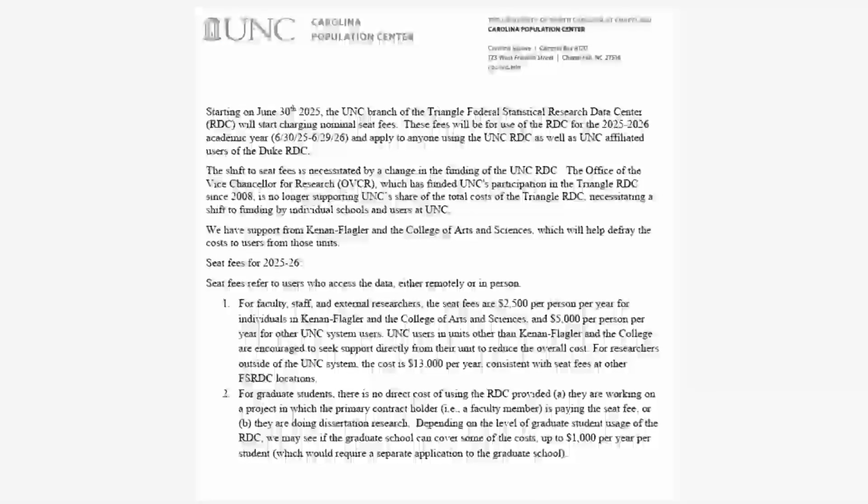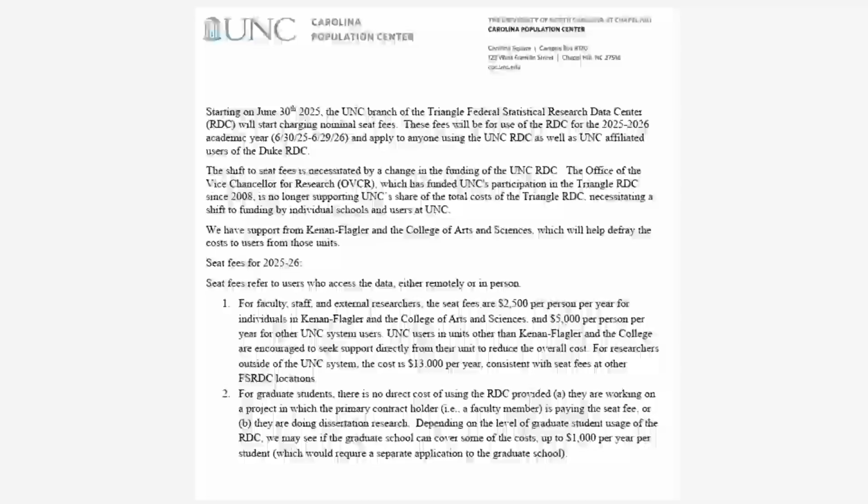You could have a 4-person project, and if one person was using the data center, that would be one seat fee. It's $2,500 per person for people in Kenan-Flagler or the College of Arts and Sciences, because both of those units kicked in money to support the center, and $5,000 for UNC faculty outside of those two units, and $13,000 per person outside of the UNC system as a whole. That $13,000 is consistent with what other data centers are charging for external researchers.